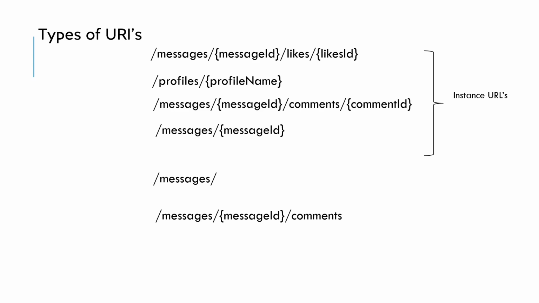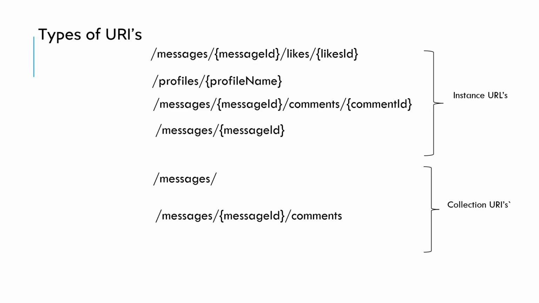But here we are trying to retrieve all the resources linked with that particular hierarchy. So these are called collection URIs. So these are the two typical types of URIs, and these are just examples. For every application, for every use case, we have to define using these best practices.